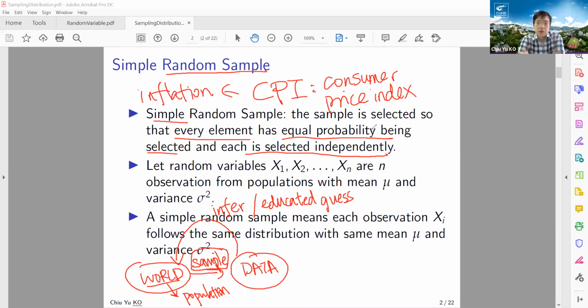So you miss me and a lot of people who don't like the phone, or some people who don't have a phone at all. So selecting independently and with equal probability is very difficult indeed, okay?